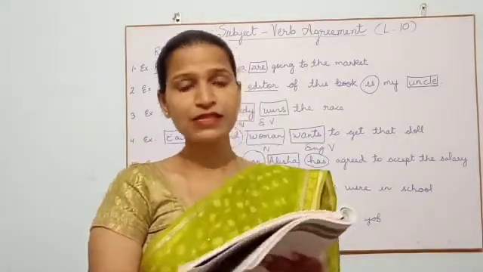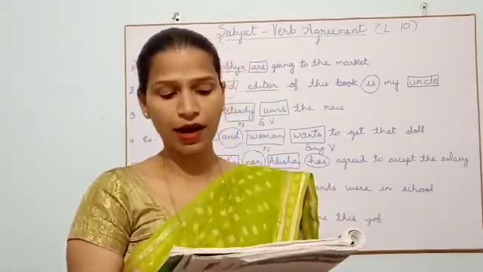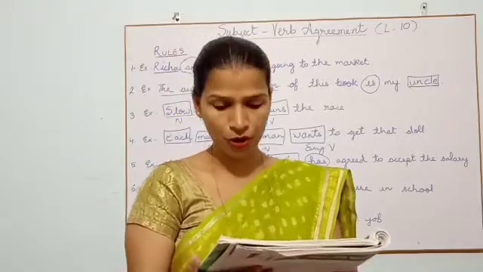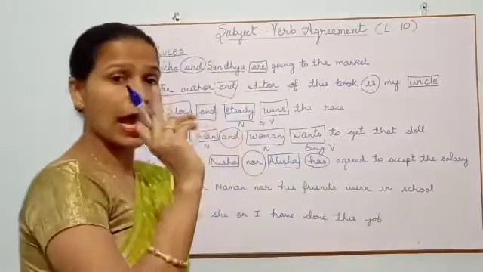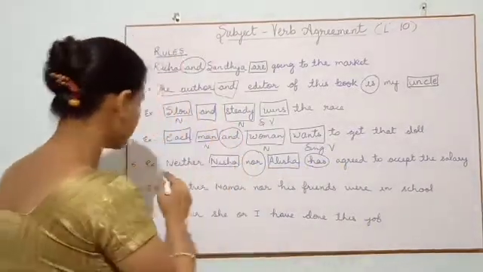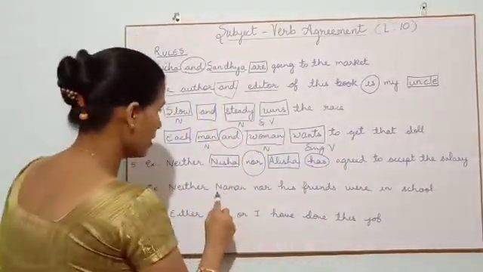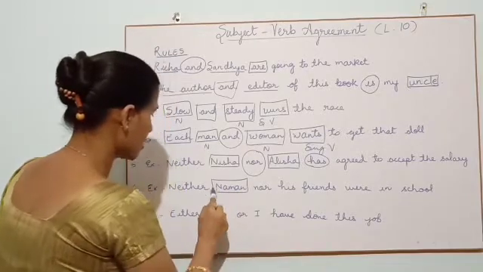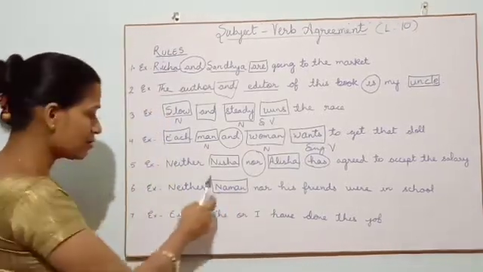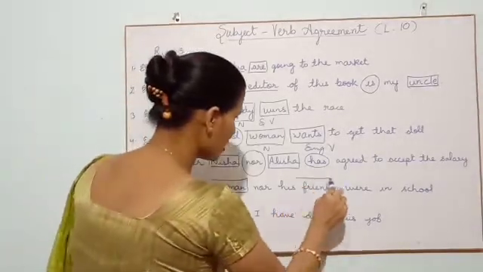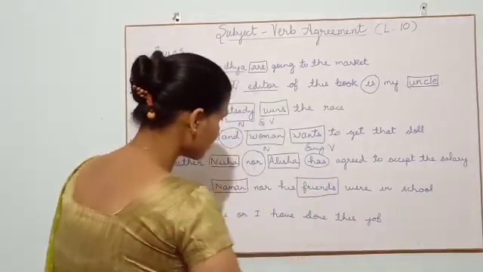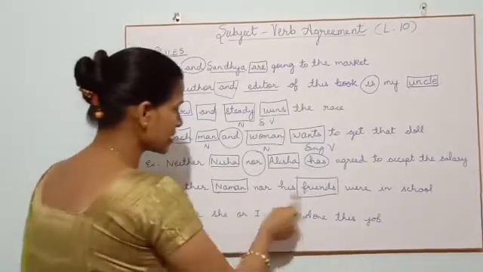When one of the subjects connected by or, nor is plural, when any one subject is plural. Naman is our subject. Then what else is our subject? His friends, isn't it?